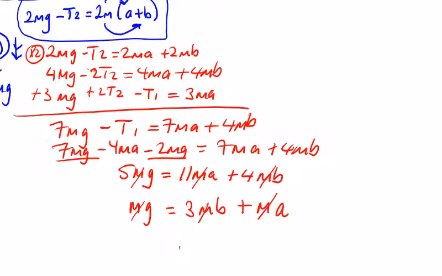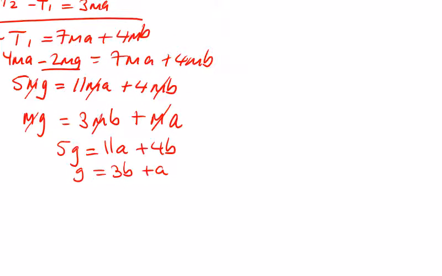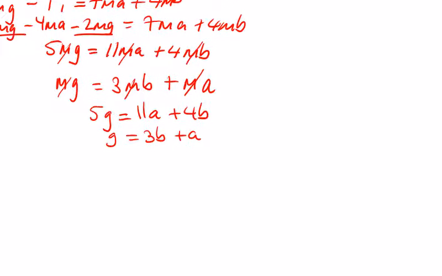Well, I'm not going to combine them yet. I'll just write them out again, make them neat. 5g is equal to 11a plus 4b, and g is equal to 3b plus a. Let me go back there, I mixed up my a's and b's.